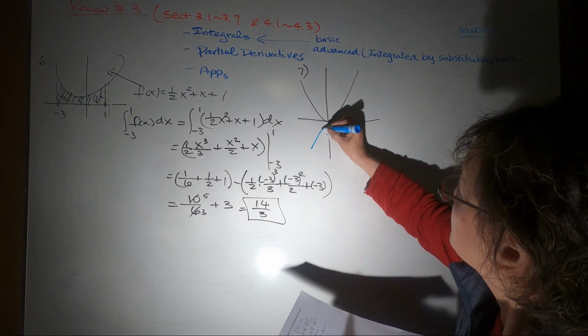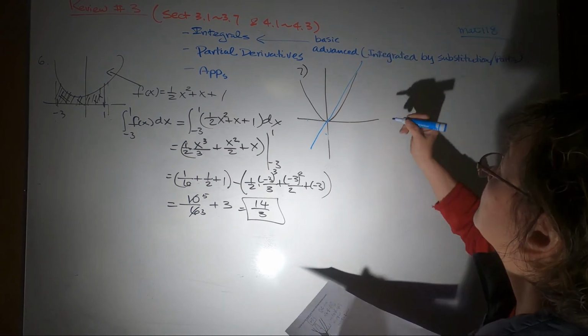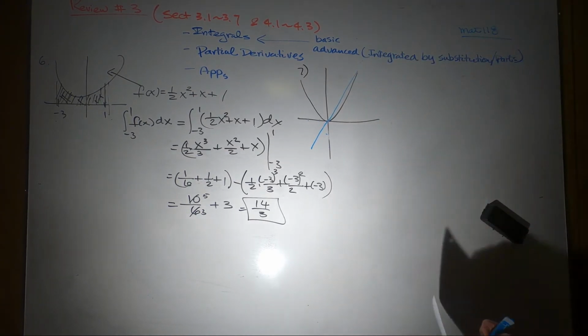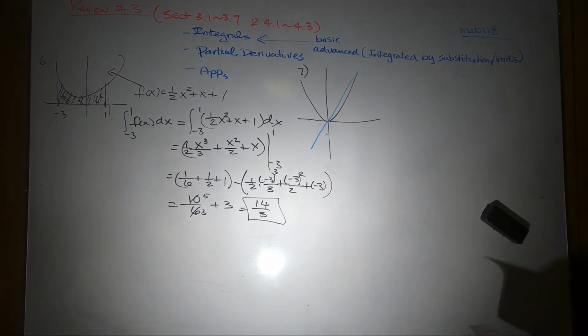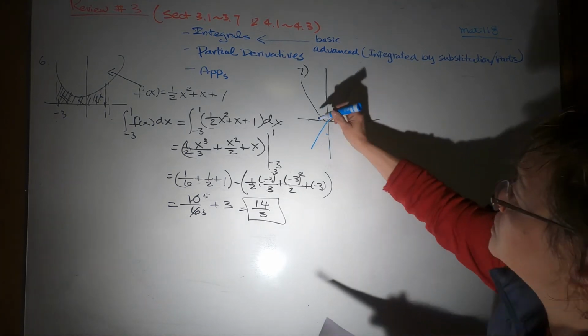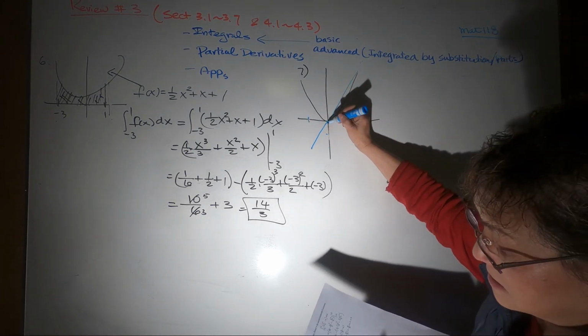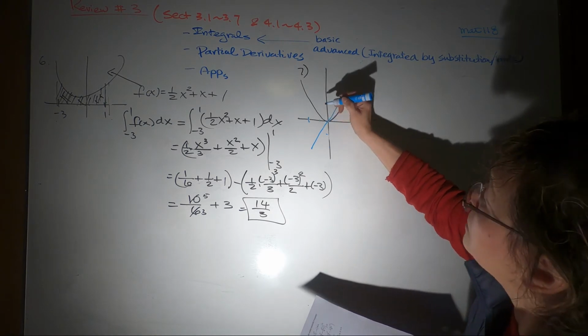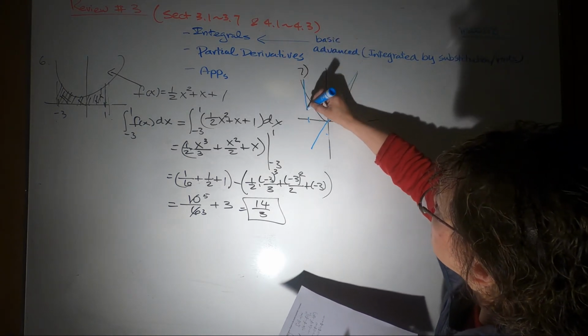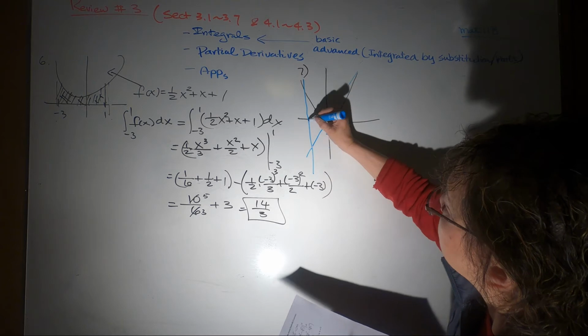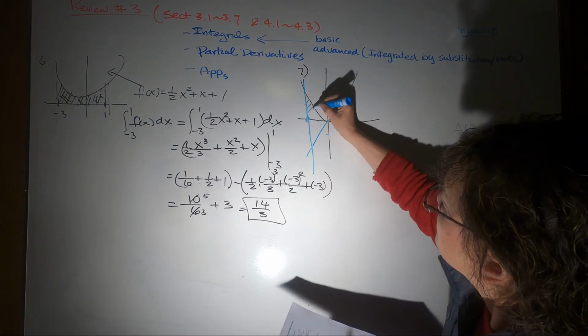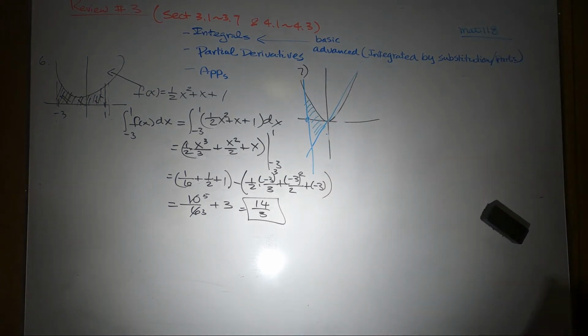Okay, so we have another line like this. And we want to find the area between -2 and here. And also, this is the area we want to find between here and here, the area between two curves. So, which two curves are we talking about?